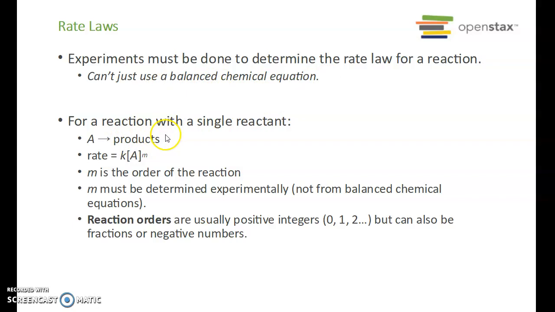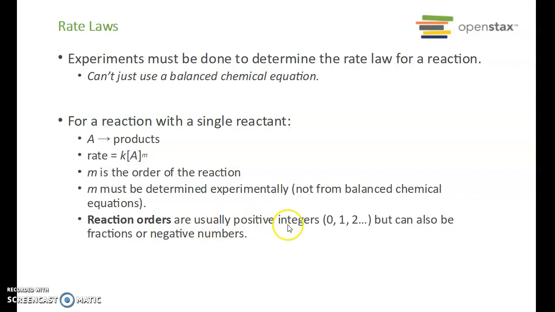For a reaction with a single reactant, rate equals k[A]^m, where m is the order of the reaction. This order must be determined experimentally, not from a chemical balanced equation. This is not the same as the coefficient in front of A.